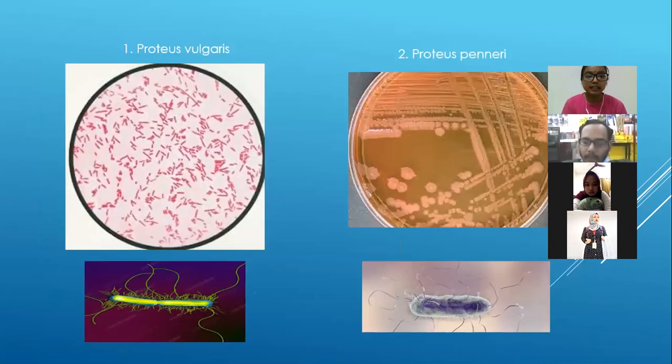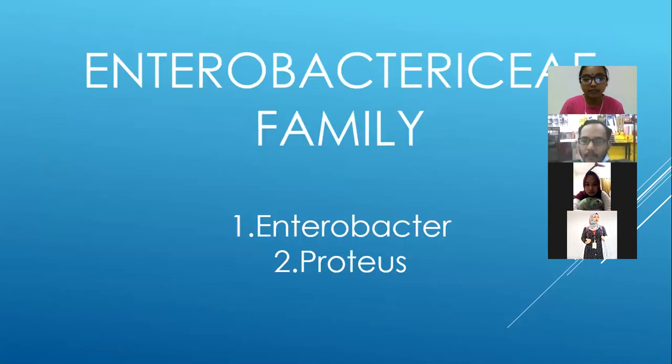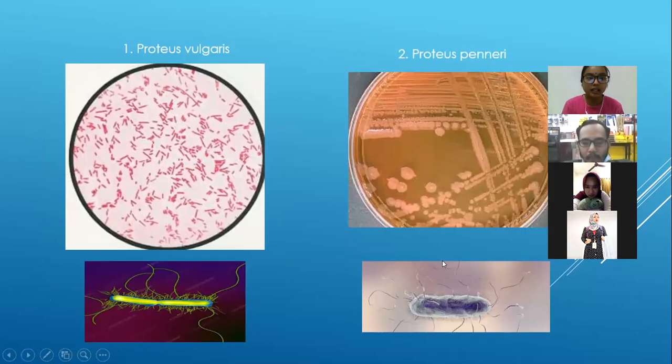Okay, next is Proteus vulgaris and Proteus penneri, which are microbes from the Proteus genus of the Enterobacteriaceae family. So mainly we focus on another member of the Enterobacteriaceae family, the Proteus, which is a gram-negative bacteria.